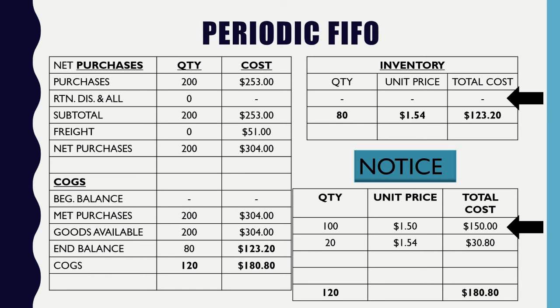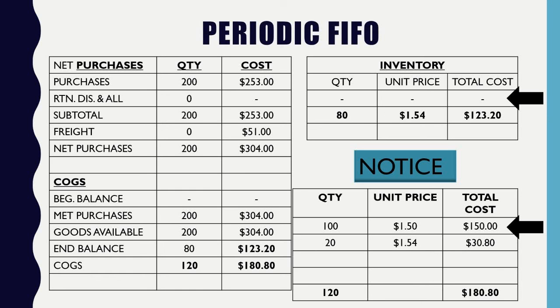And if we totaled that, we have a total of 120 items and a total of $180.80. And if you notice, we started from the first batch and then we dipped into the second batch. That's why it's first in, first out.